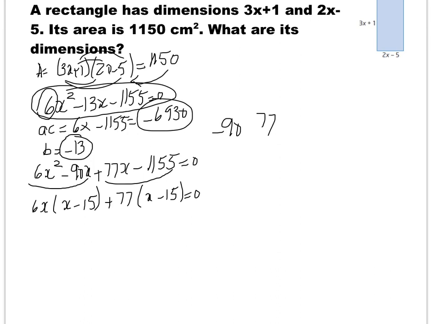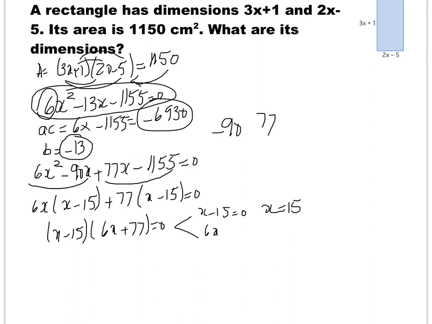Now x minus 15 is common, so I get x minus 15 times 6x plus 77 is equal to 0. Now this gives me two solutions. One, x minus 15 is equal to 0, so x is equal to 15. 6x plus 77 is equal to 0, so x is negative 77 over 6.